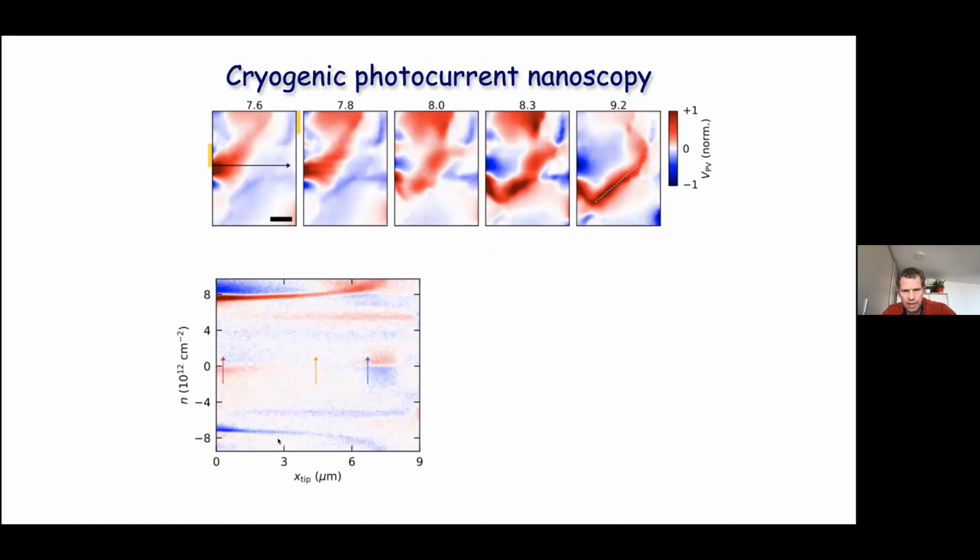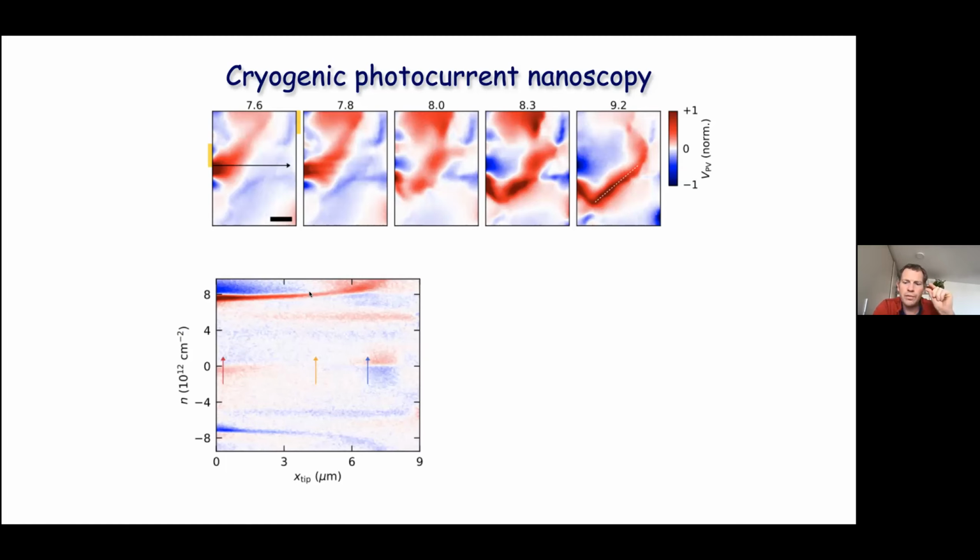We can measure that for each tip position, and you can see this peak is still there, but for some tip positions it starts moving, and at some point it disappears. That's quite nice, because this represents locally the Seebeck coefficient as a function of carrier density, but the shift of this peak also represents a change in twist angle.